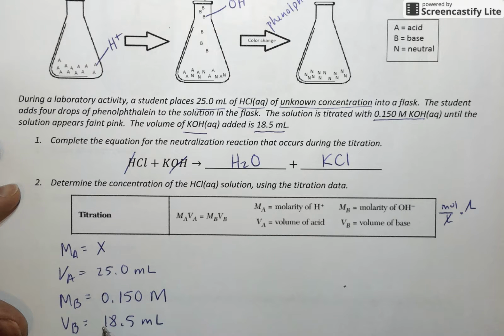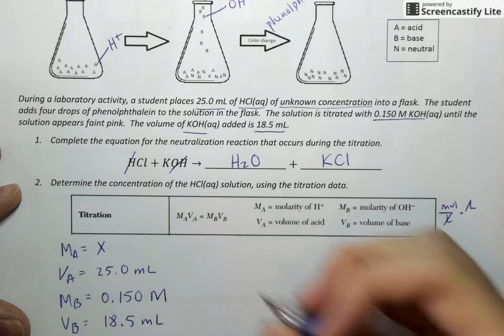If it had taken 25 milliliters of base to neutralize 25 milliliters of acid, that must have meant they were the same strength, with the same concentrations. Because it took slightly less base, this base must have a slightly higher concentration. So there was more OH- around than there was H+, and it didn't take as much to get them to be equal. But that'll just be used as a way to check our answer.